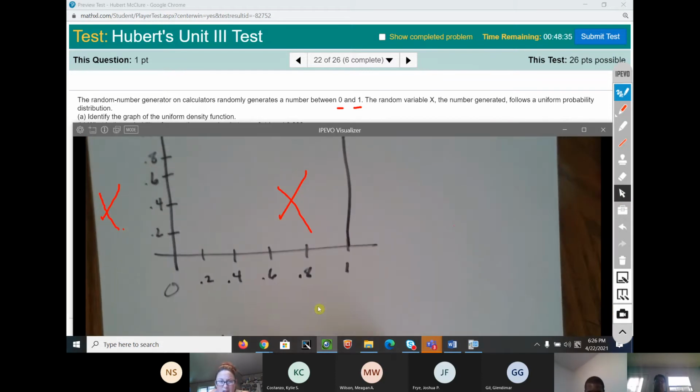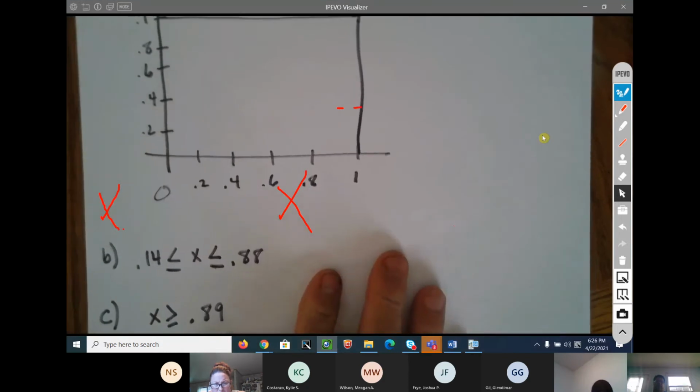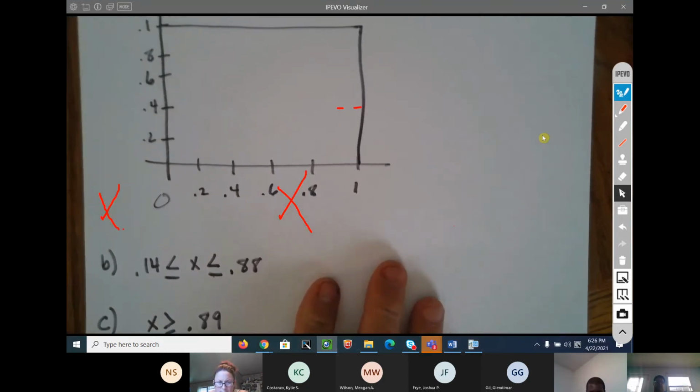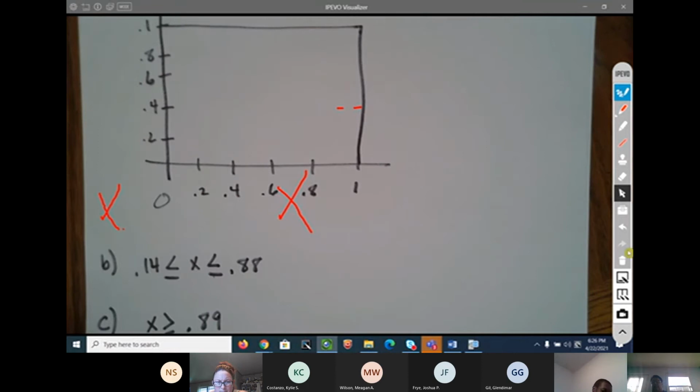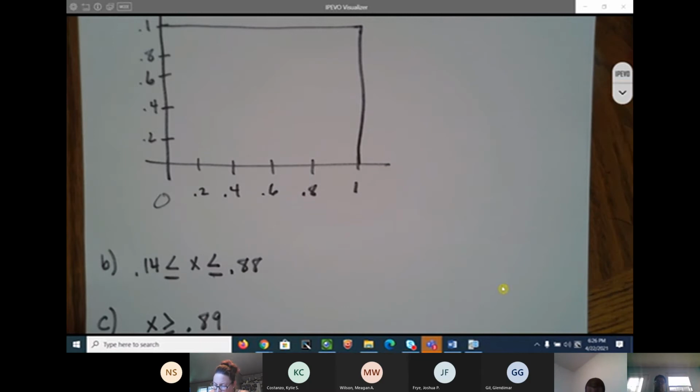Hold on. I'm getting there. I'm sorry. So he says 0.14 is less than or equal to x, which is less than or equal to 0.88. And then C is x is greater than 0.89.